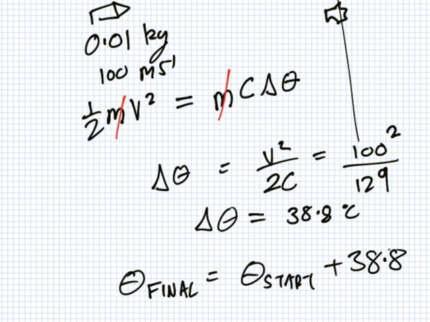Let's estimate this. What do you think might be the starting temperature of the bullet? Cold. But it's only cold because it's a good conductor. What temperature would it actually be at? Well, you can think about this. Where was the bullet before it was in the gun?